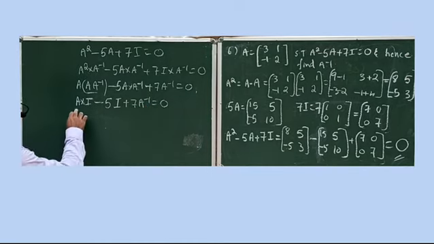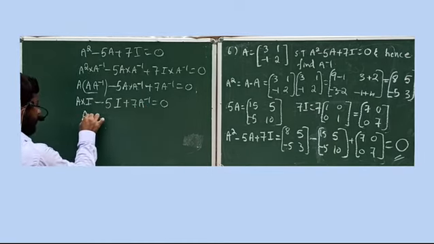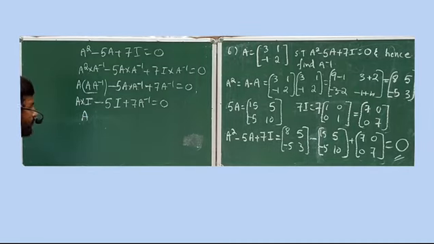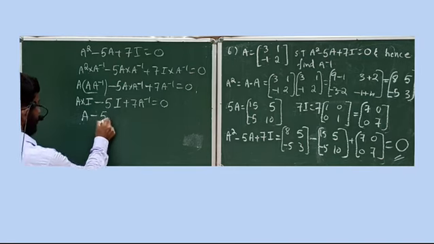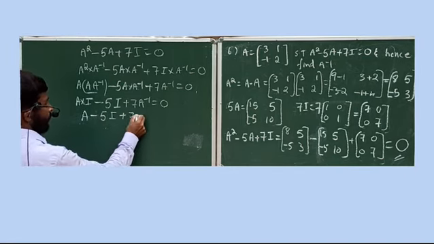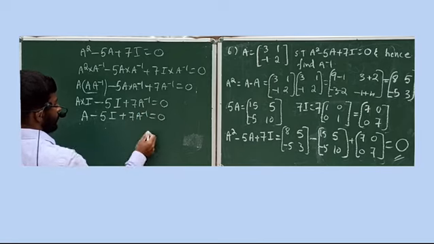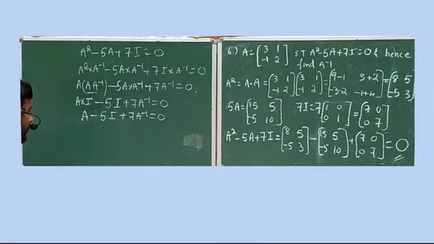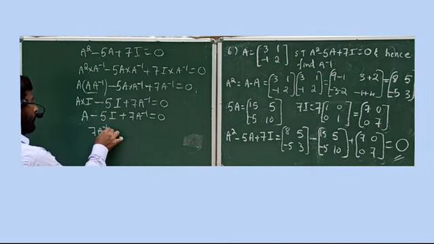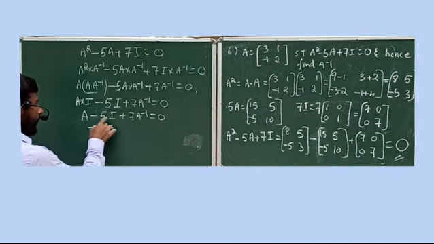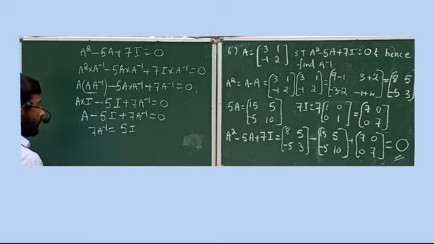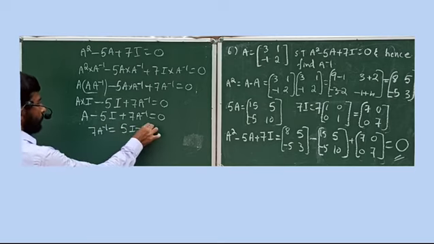Simplify this one. A into I is A, because identity matrix into any matrix equals the same matrix, so A minus 5I plus 7A inverse equal to 0. In the next step, keeping 7A inverse in the LHS, minus 5I becomes plus 5I if you shift to the right hand side, plus A will become minus A.